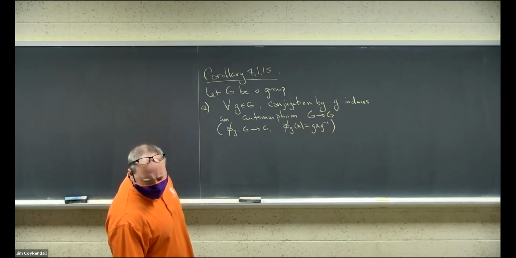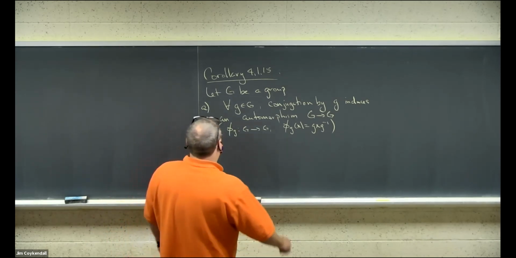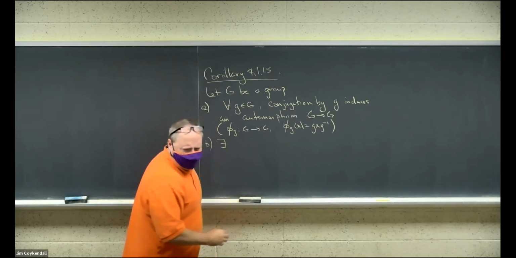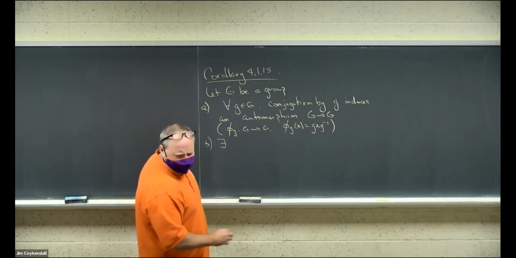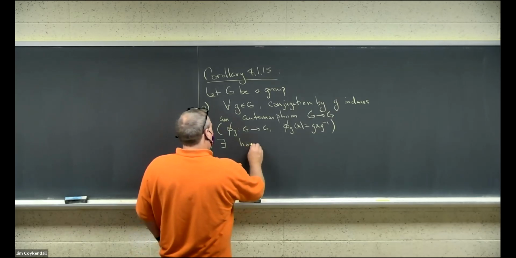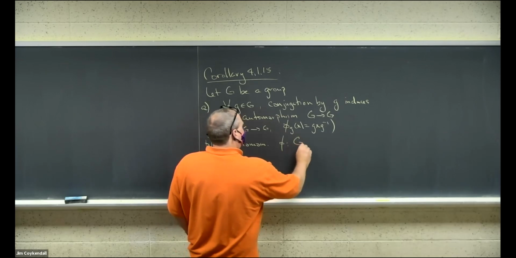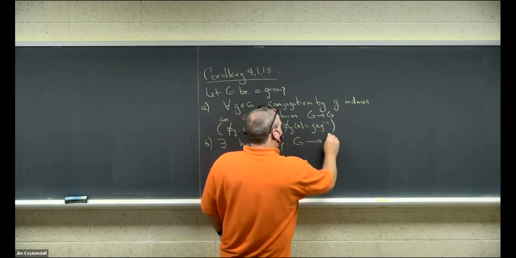And B, there exists a homomorphism from G into the permutations.